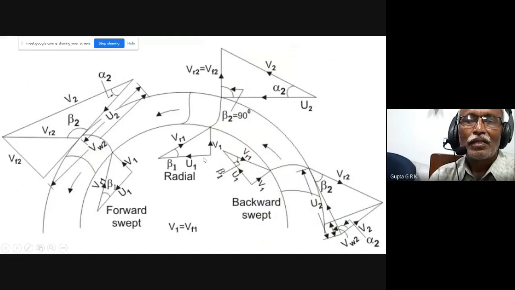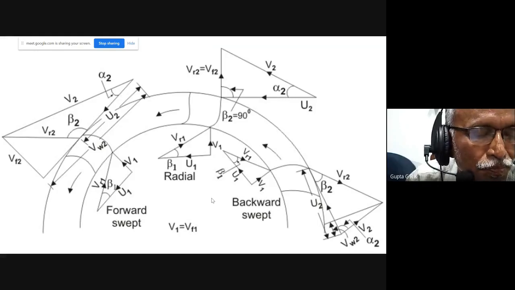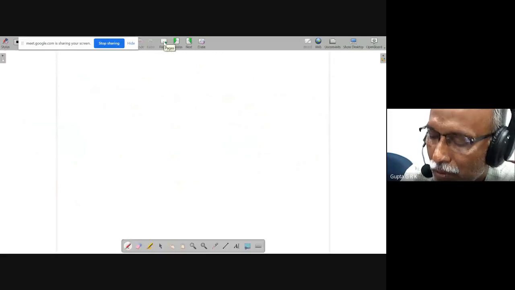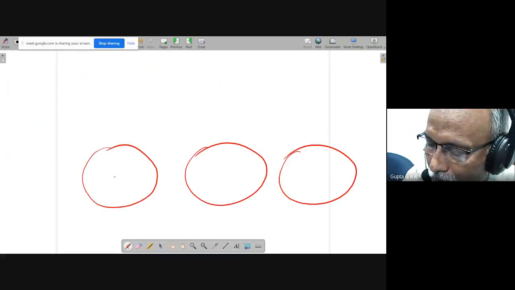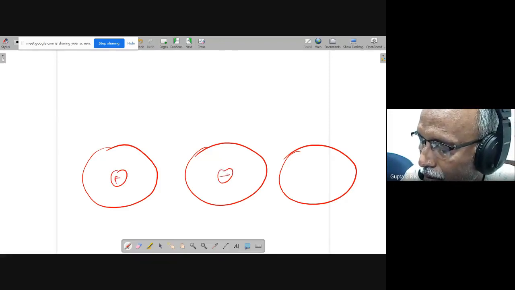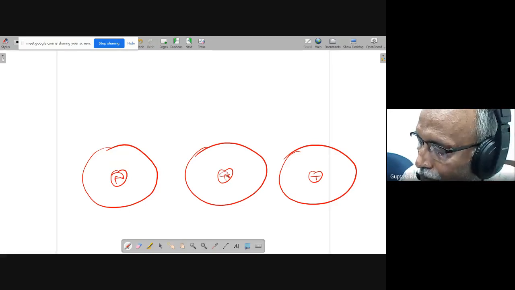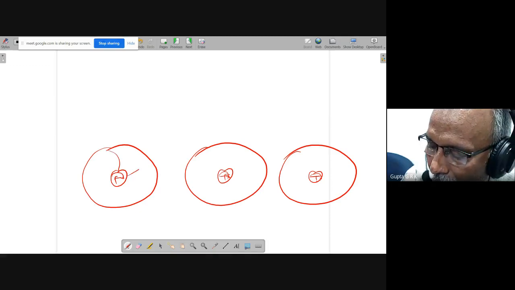Centrifugal compressors may have backward curved vanes, forward curved vanes or radial vanes. Suppose this is the shaft, and it is rotating this way, and suppose the blades are bent this way.